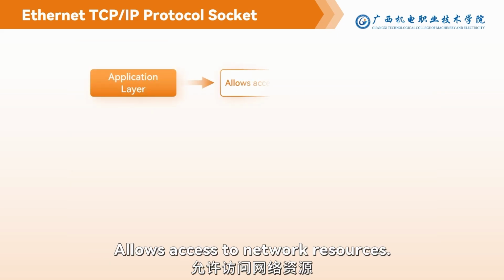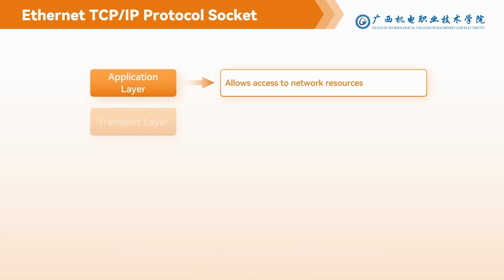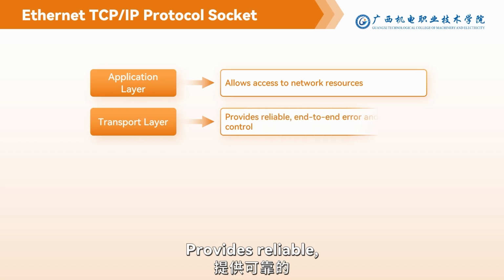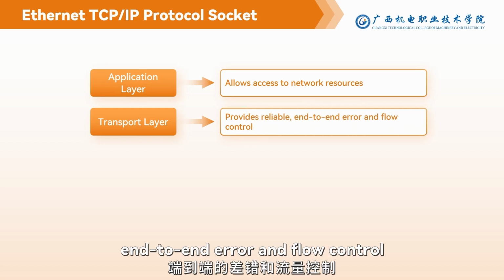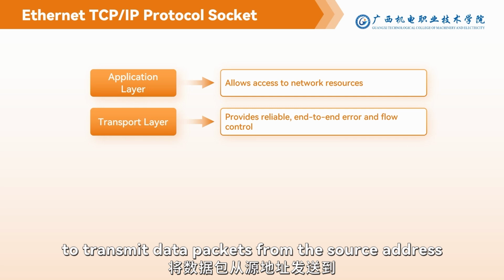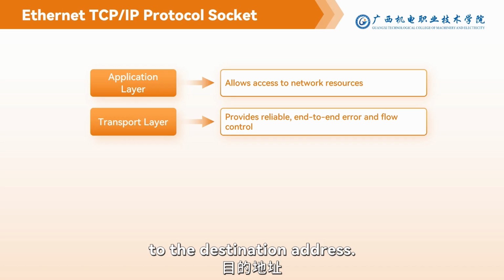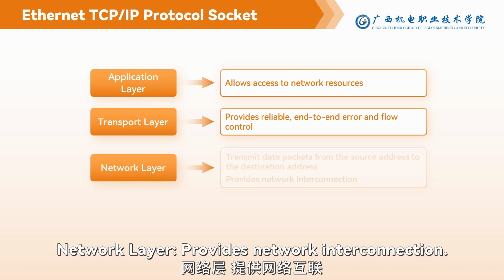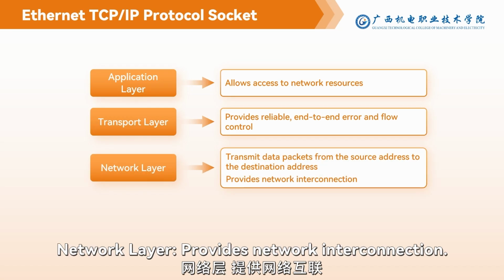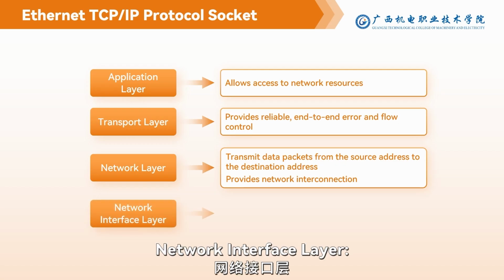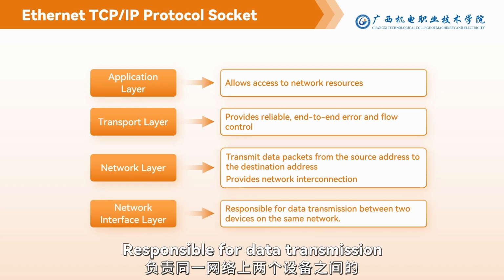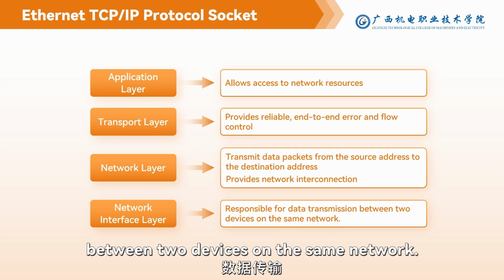The application layer allows access to network resources. The transport layer provides reliable end-to-end error and flow control to transmit data packets from the source address to the destination address. The network layer provides network interconnection. The network interface layer is responsible for data transmission between two devices on the same network.